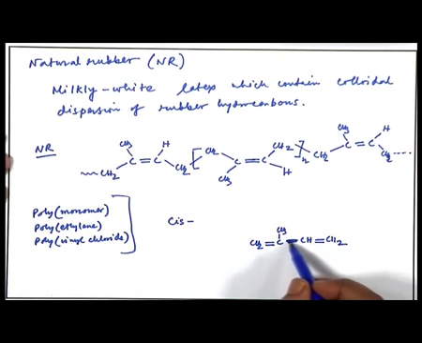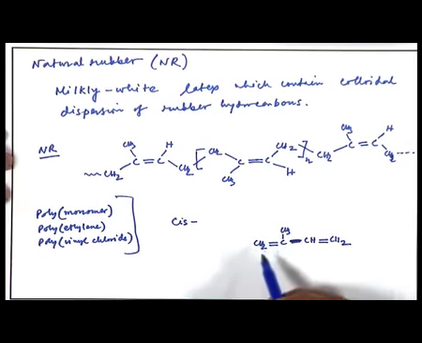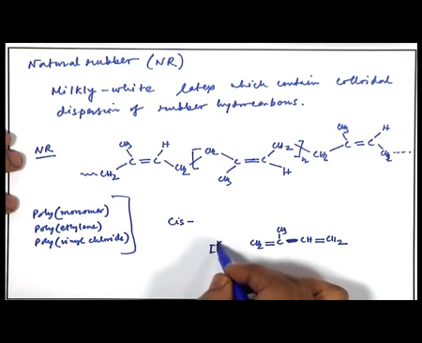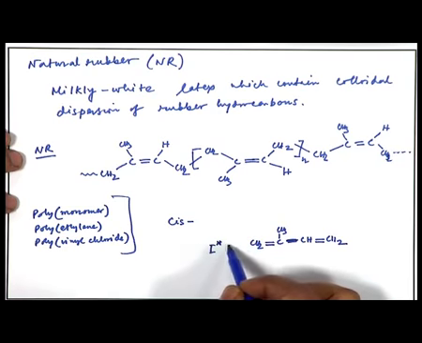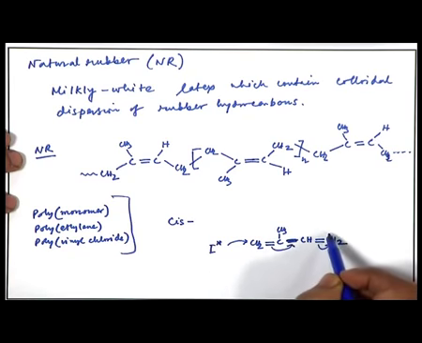So, this is a single bond, not a double bond. If we think about this as the monomer, then we can think about an initiator which can react, and you get the double bond here and the active center here.